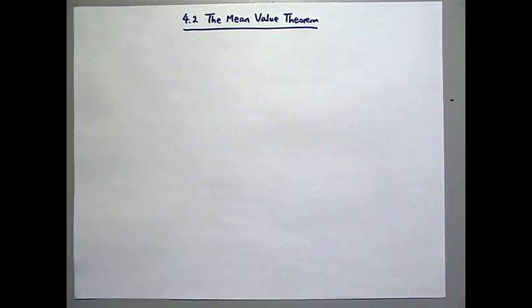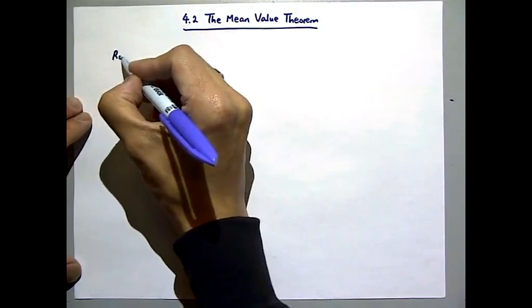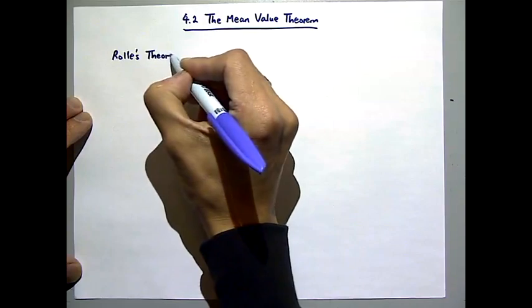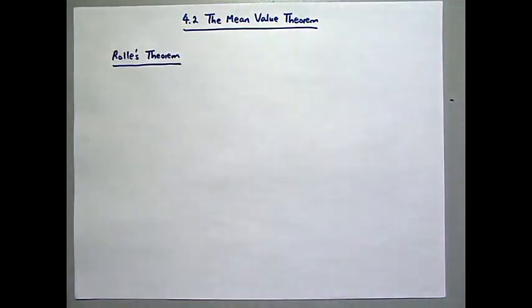Before we talk about the mean value theorem, there's another theorem that leads up to it that I'll describe first. There's a theorem called Rolle's theorem. This is named after a French mathematician, Michel Rolle, who lived during the second half of the 17th century, and he described this discovery here.